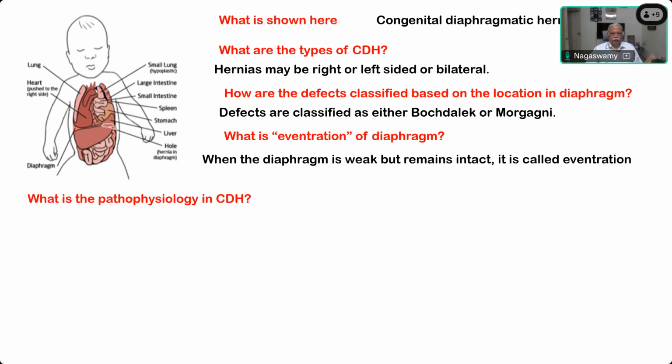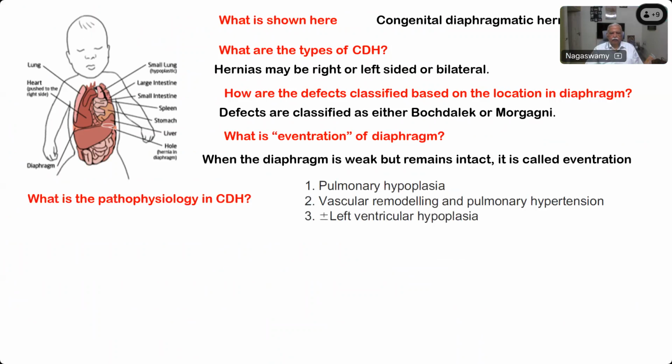What is the pathophysiology of congenital diaphragmatic hernia? What are the things that happen in this condition? So 3 things happen. One, you can have pulmonary hypoplasia if it happens at a very early stage of gestation.